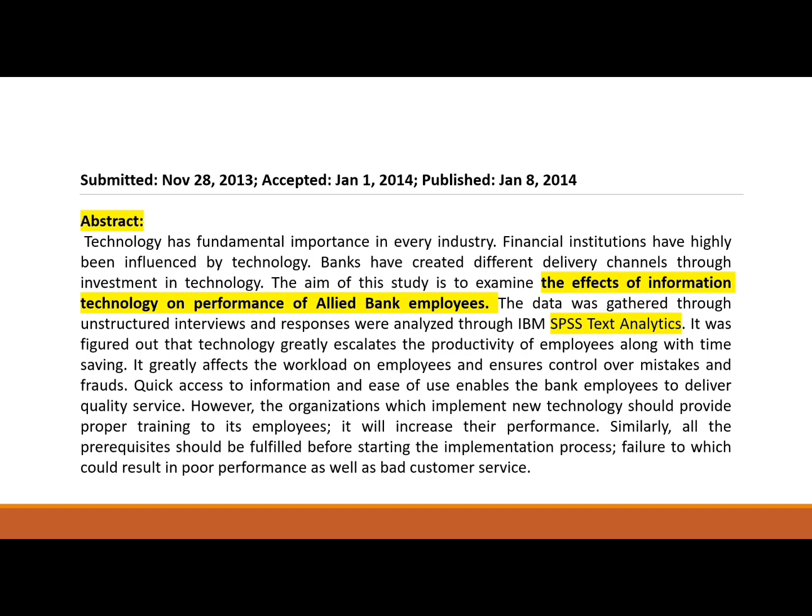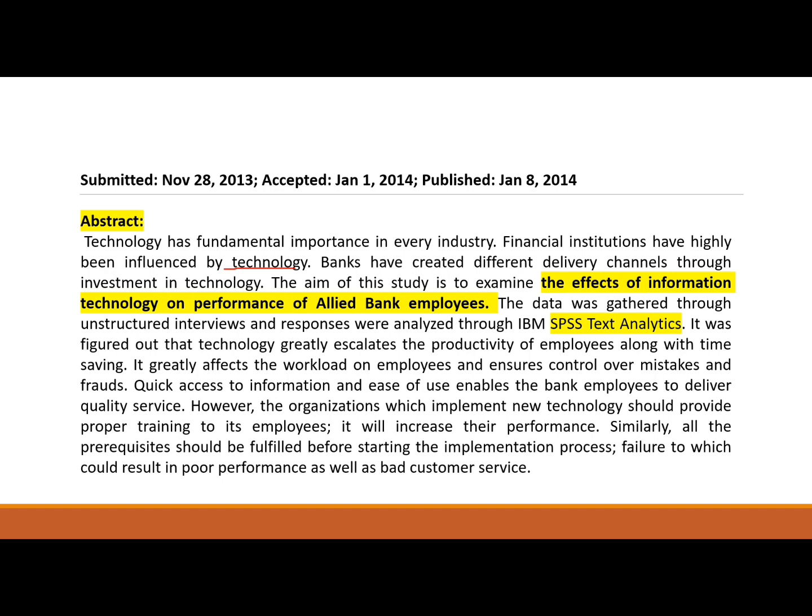Alright, so submitted November 28, 2013, then accepted on January 1, 2014, then published in the same month, January 8, 2014. So, abstract: technology has fundamental importance in every industry. So, financial institutions have highly been influenced by technology. So, banks have created different delivery channels through investment in technology.